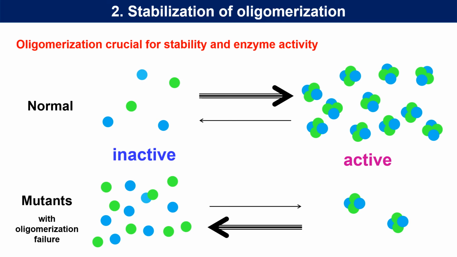It is known that oligomerization is required for GNE enzyme activity, and in healthy people, the majority of the GNE protein forms the highest oligomer. But in GNE myopathy patients with mutants, especially in the patients with mutants involved in the oligomerization interaction surface, enzyme activity would be low by the failure of oligomerization.